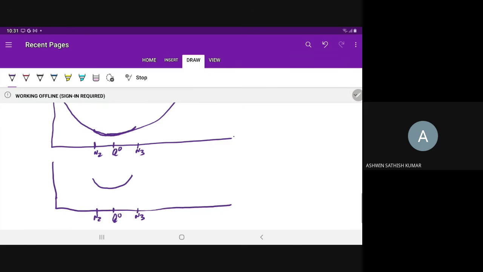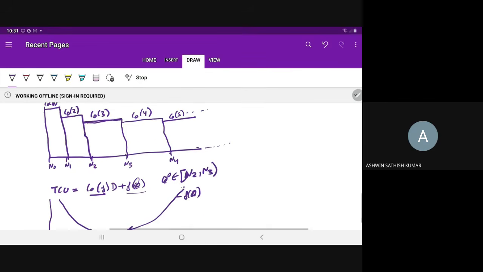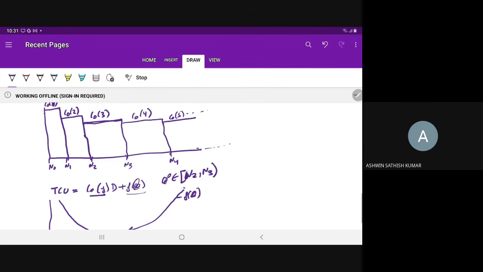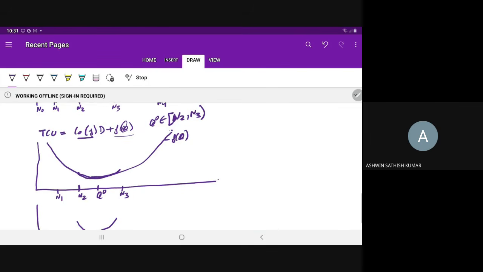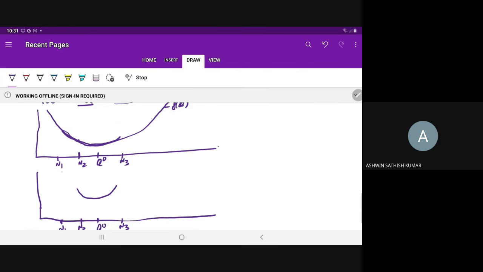Clear this part? Now, here we have the N1. Between N1 to N2, we have constant plus decreasing, so it is decreasing. Clear?